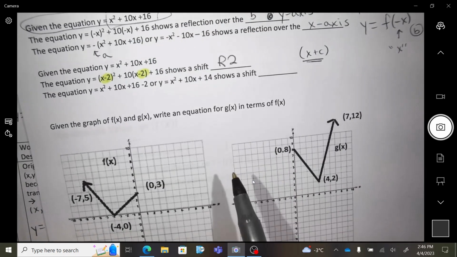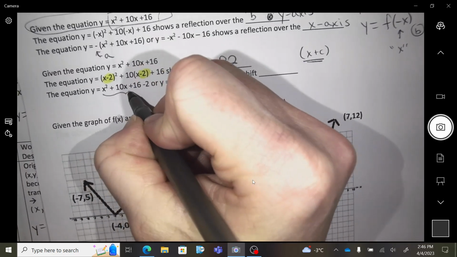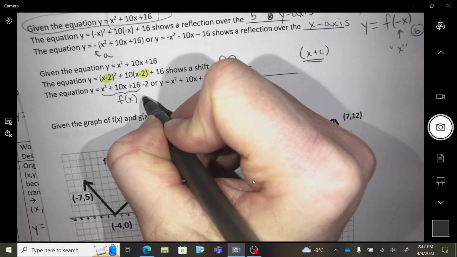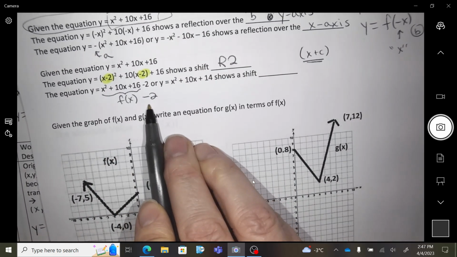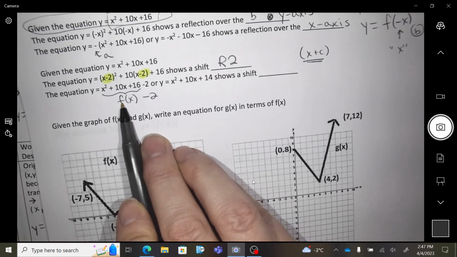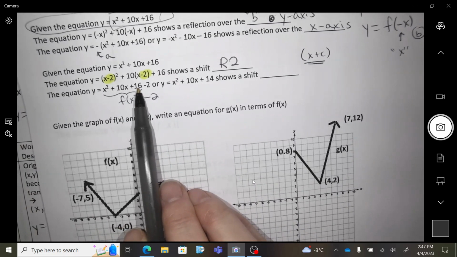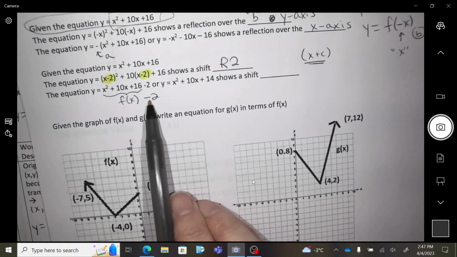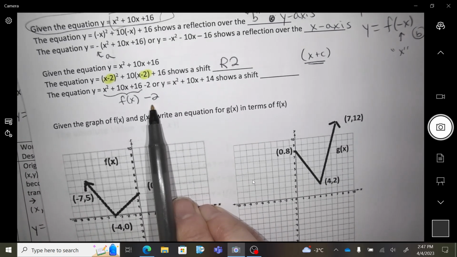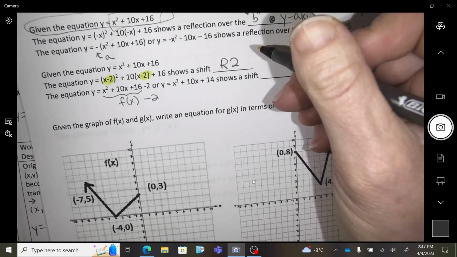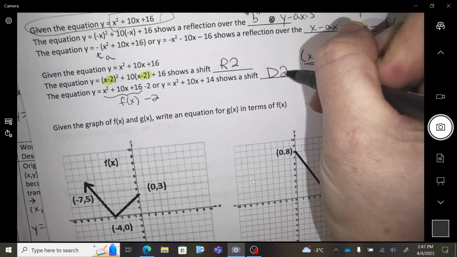And in this one, this is the function, and then do you see that there's a subtract 2 after the function was written? All this piece here was the whole function, and then there was a subtract 2 after, so this would show a down 2.